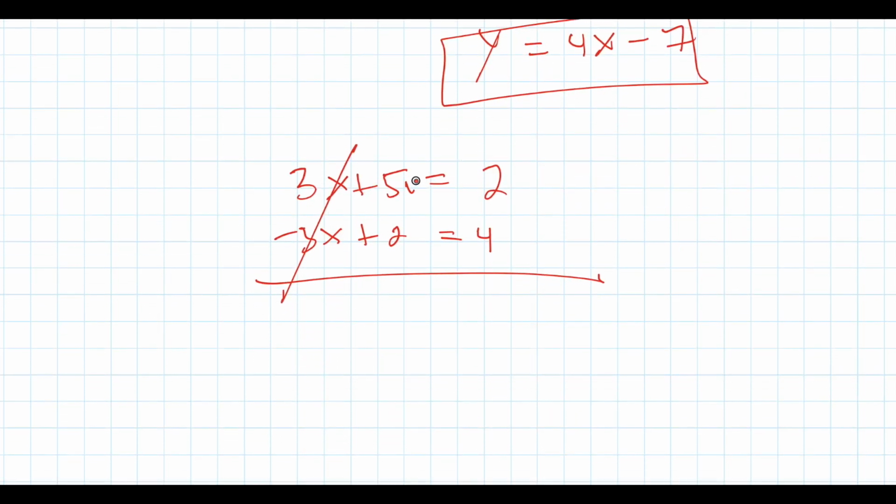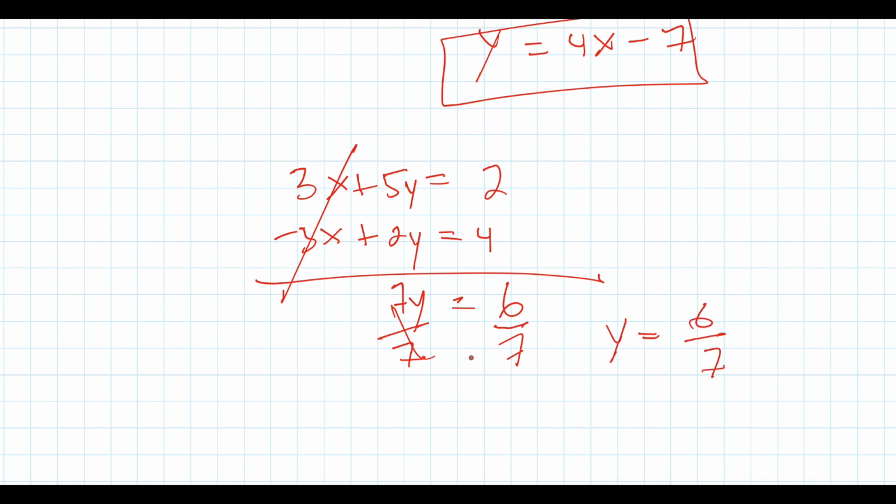Wait, there's supposed to be y's here. Then you get 7y and 6 equals 6. Cool. Then you do y equals 6 over 7. Good. Divide by 7. y equals 6 over 7.